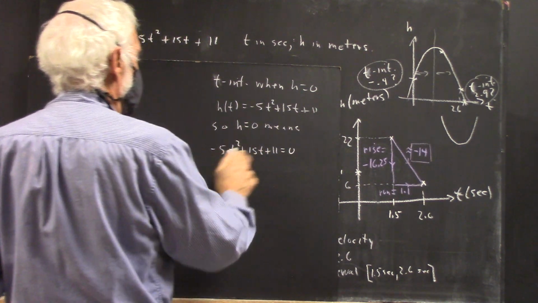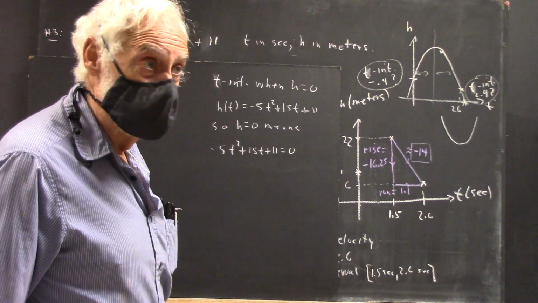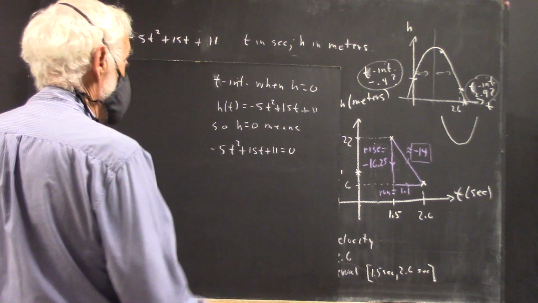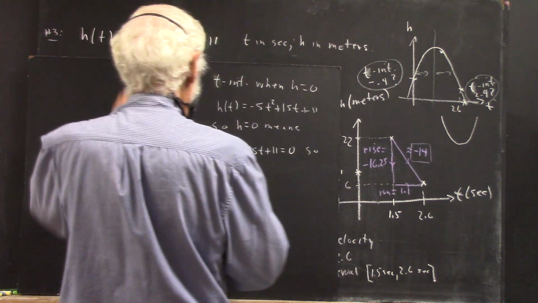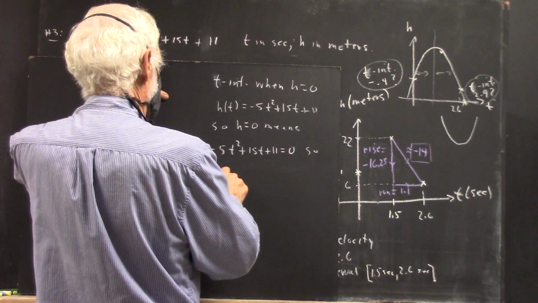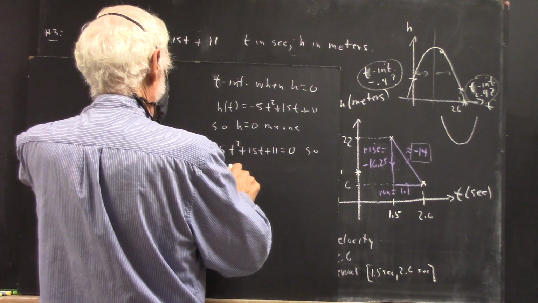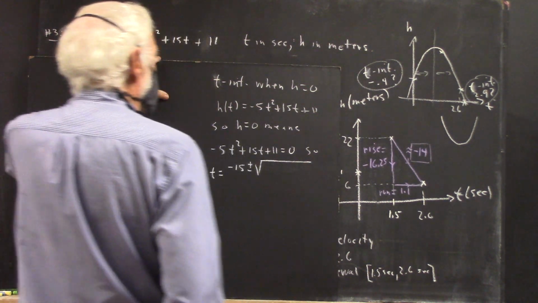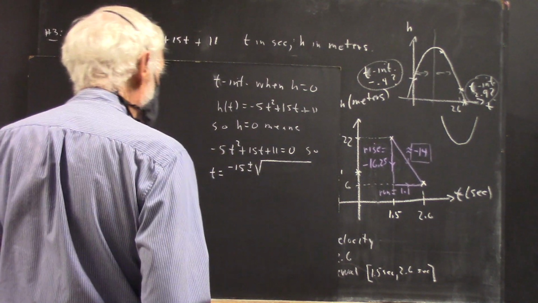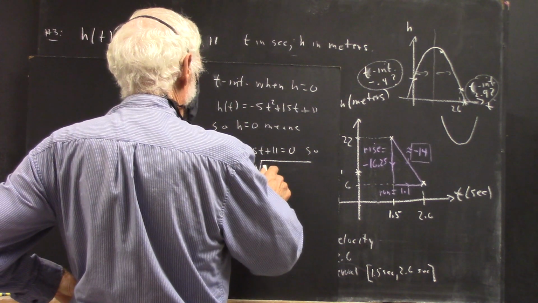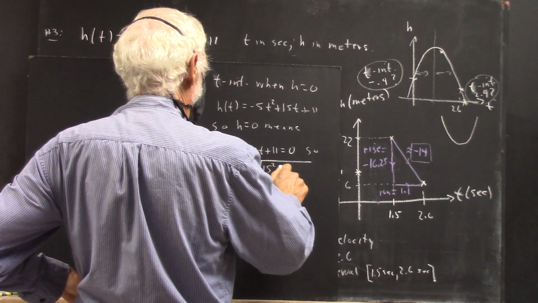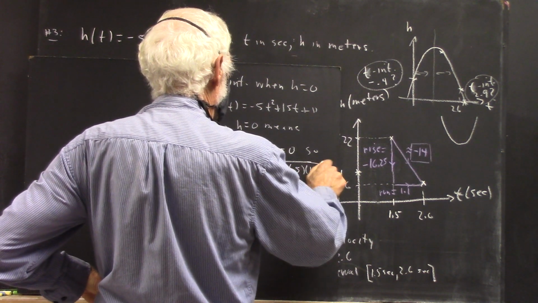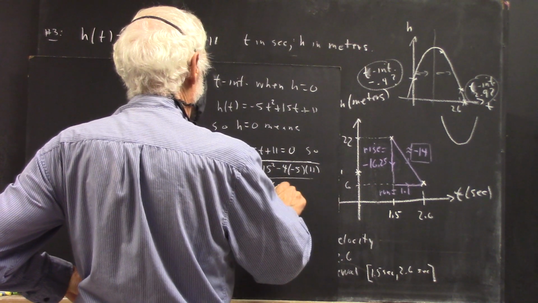So h equals 0 means that this expression for h is equal to 0. And you can figure that out easily. That's just the quadratic formula again. So t is negative 15 plus or minus the square root of 15 squared, which is 225, minus 4 times negative 5 times 11, over 2 times negative 5.